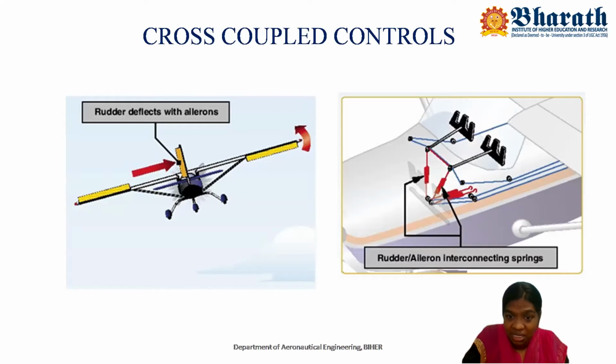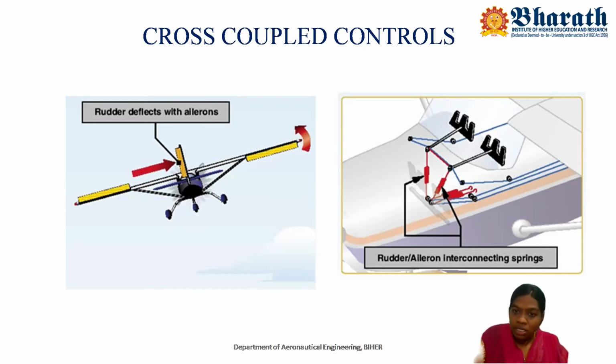These red colors are called the interconnecting springs. These springs are connecting the control wheel or the control stick and the pedal. When the aileron is rolled, automatically there will be a deflection of the rudder in the opposite direction.